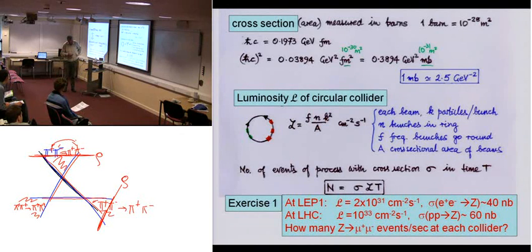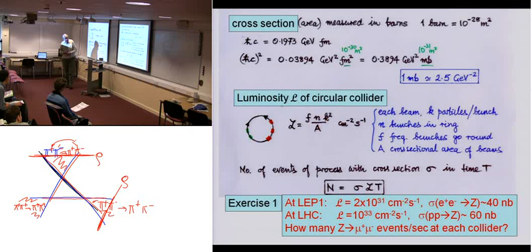There are n bunches going round in a ring, and the frequency that they pass round the ring is f, and the cross-sectional area of these beams I'm calling A. The luminosity is the number of particles essentially passing through each other, which is the product of these things over the area. And if we look at the units, this has got to be an area on the bottom and a frequency here which is seconds to the minus 1, and these are just numbers.